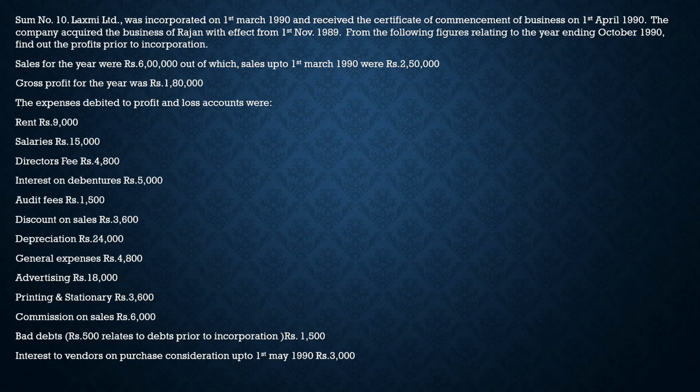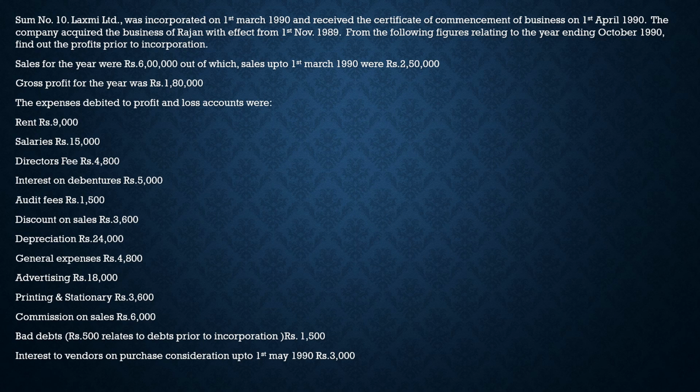Now, interest to vendors on purchase consideration up to 1st May 1990. I told you earlier, whenever you come across purchase consideration delay payment and you pay interest for that, you will use the adjusted time ratio. How do you find the adjusted time ratio?